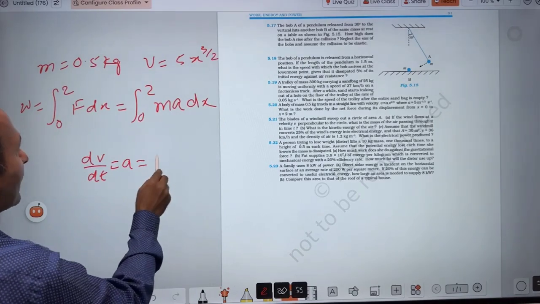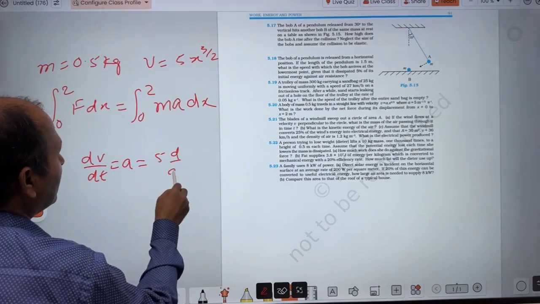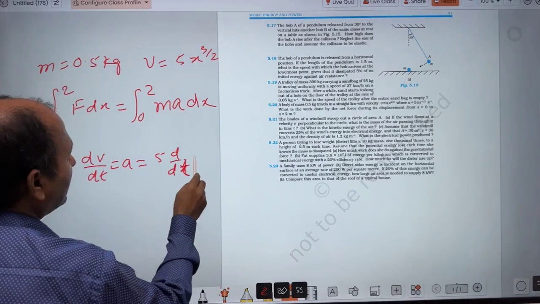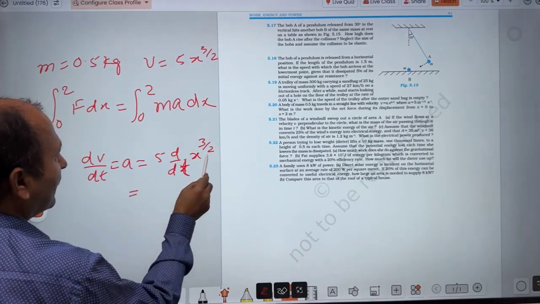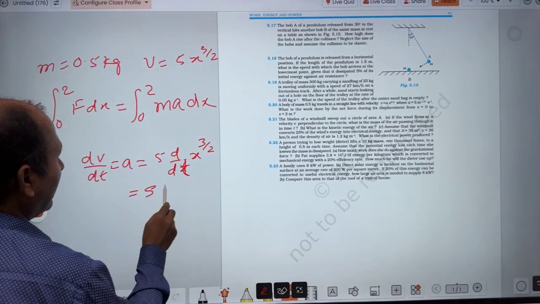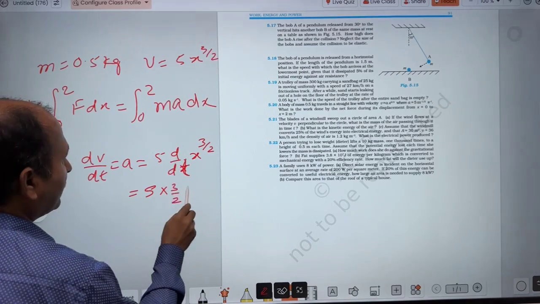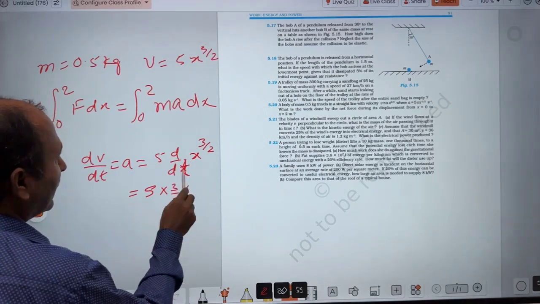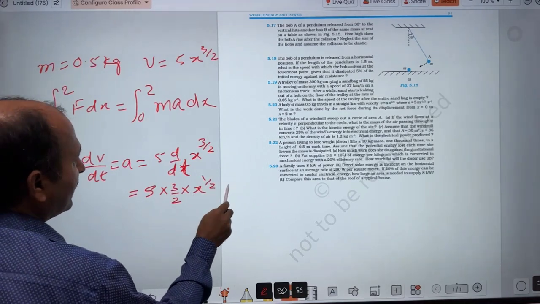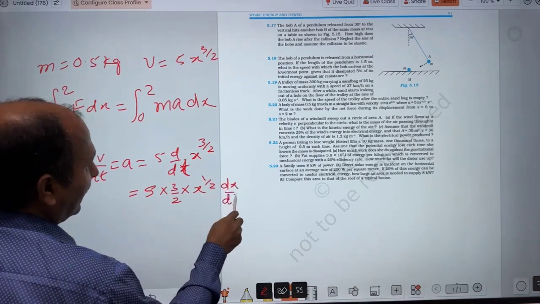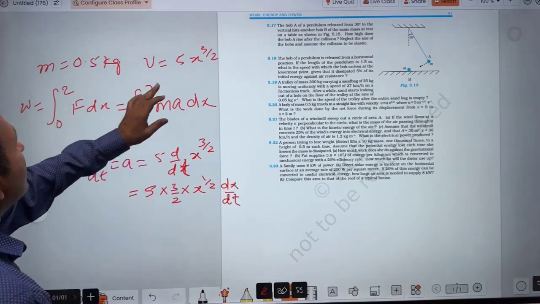So you can write 5 times d/dt of x^(3/2). Then you can differentiate it. So you will get 5 into 3/2 into x^(1/2) and then dx/dt, and dx/dt is velocity itself.